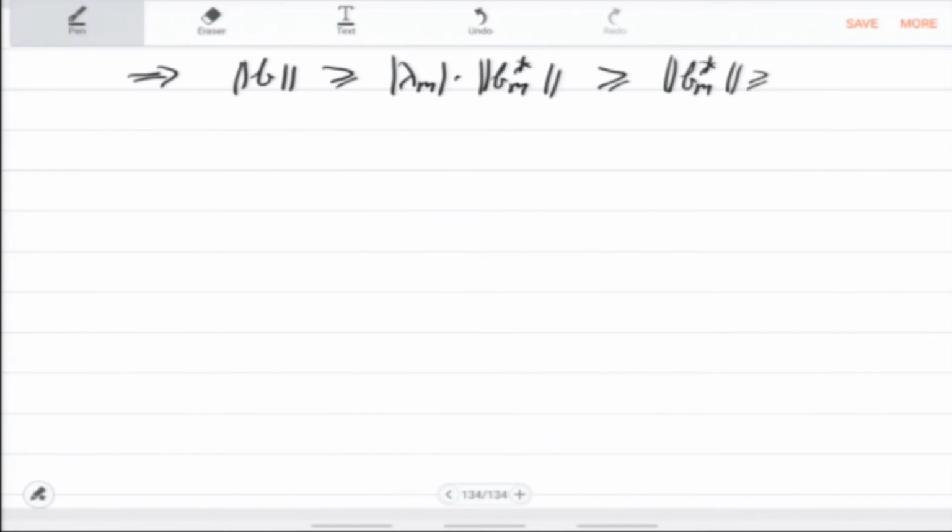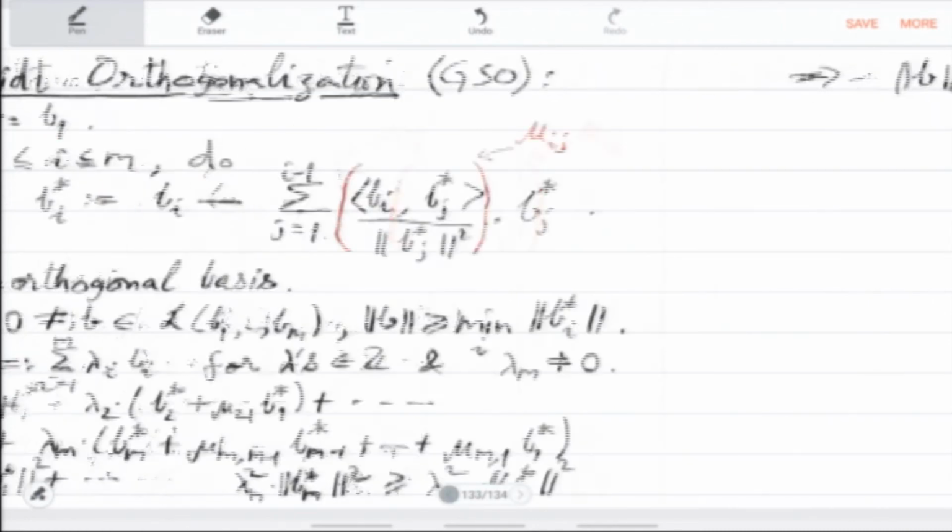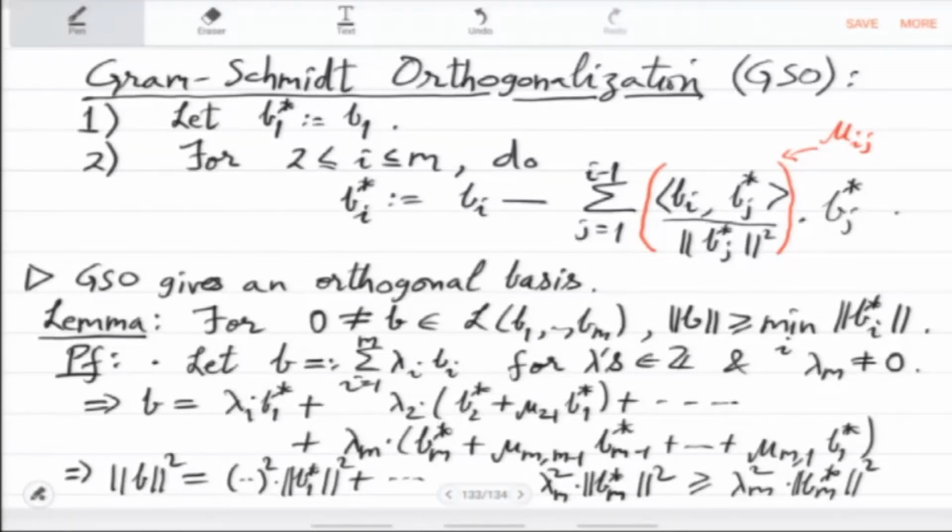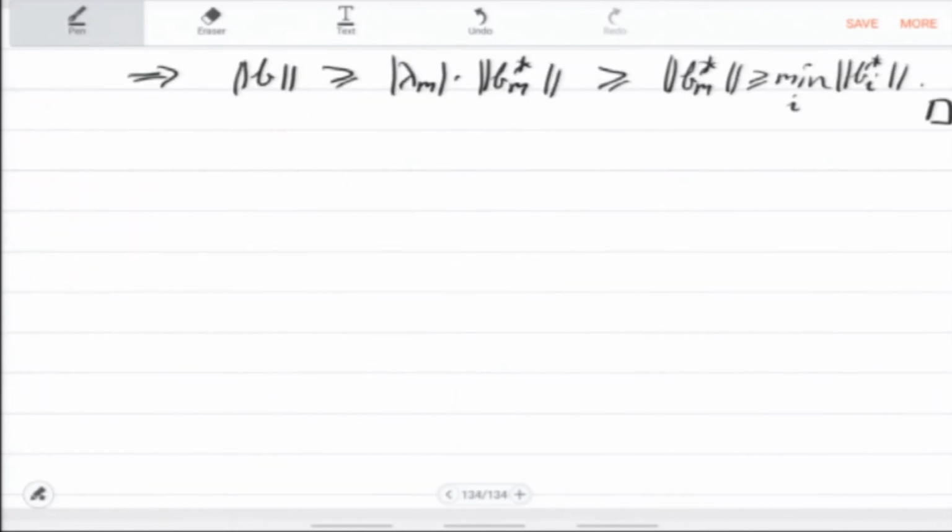So, this is at least the min of Bi star, right, which is what we wanted to show. So, this finishes the proof of the lemma that min of Bi star is a lower bound on the shortest vector of the lattice.